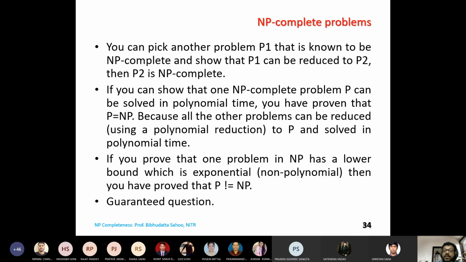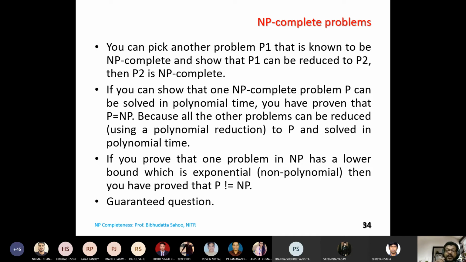Come to the third point. First, you are looking into a problem, and that problem belongs either to P or to NP. I first prove that my problem belongs to NP, then I try to prove that it is NP complete.